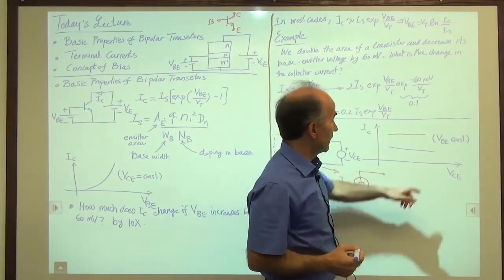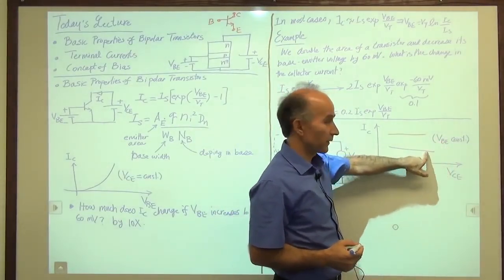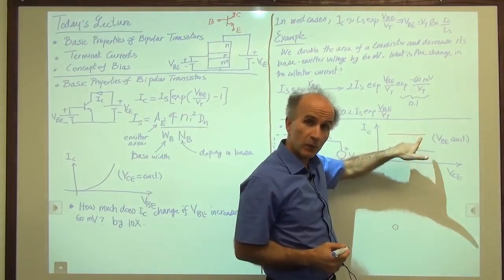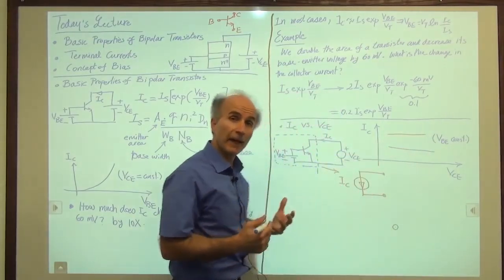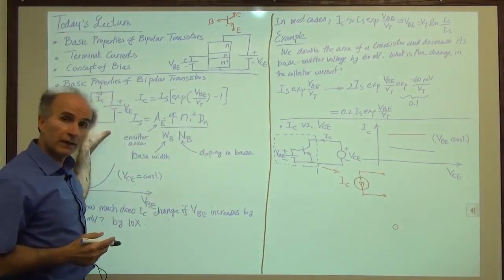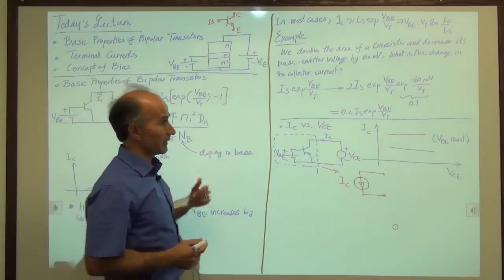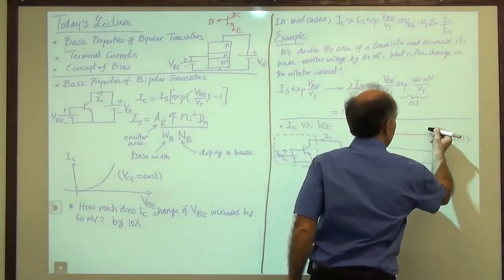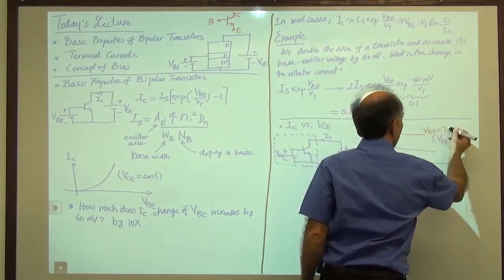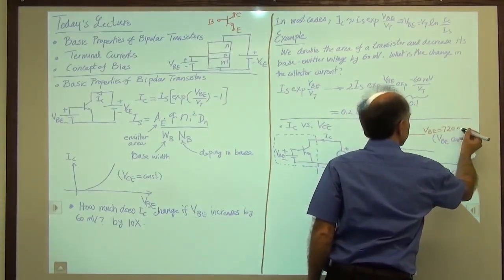So in that case, we have one VBE for this guy, another VBE for that guy. In a sense, we're trying to reflect the effect of both this voltage source and this voltage source on the device. And it's clearly visible. So, for example, I can say here that VBE is equal to 720 millivolts.